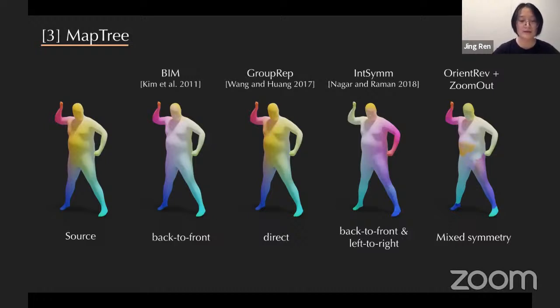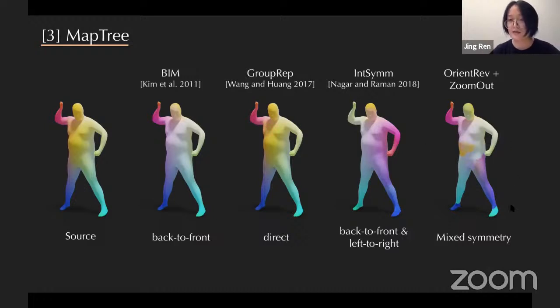For example, we have this back-to-front map, where you can see the belly is mapped to the back. Then the second map is a direct map, so in this case it's basically an identity map. For the third one, we can see that it maps the back to the front, and also maps the left of the human to the right.